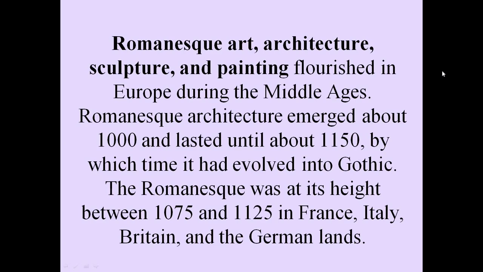Romanesque art, architecture, sculpture, and painting flourished in Europe during the Middle Ages. Romanesque architecture emerged about 1000 and lasted until about 1150, by which time it had evolved into Gothic. The Romanesque was at its height between 1075 and 1125 in France, Italy, Britain, and the German lands.